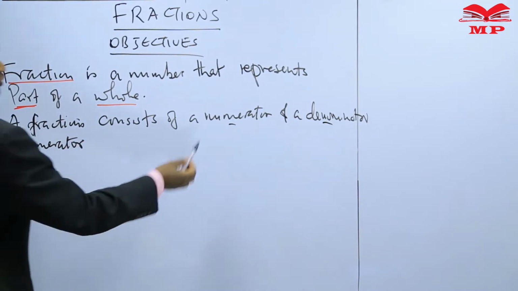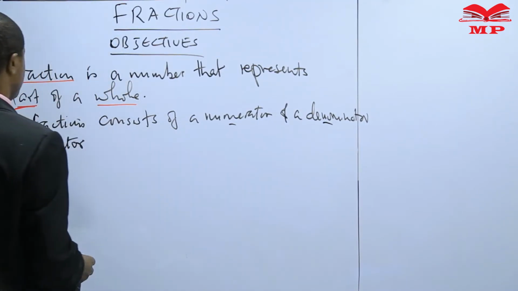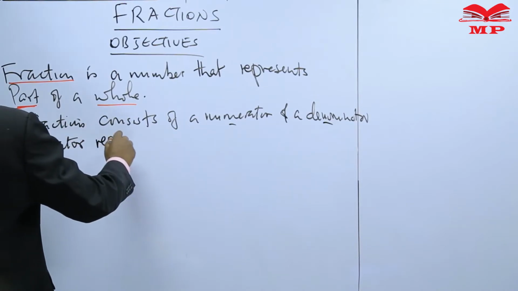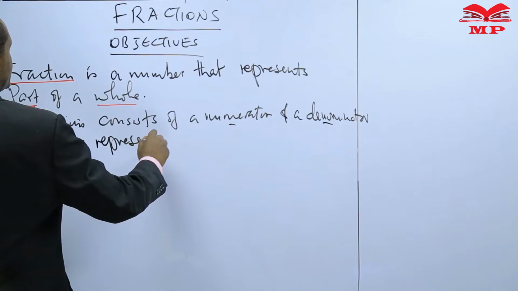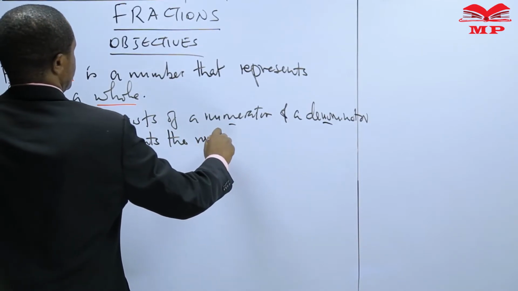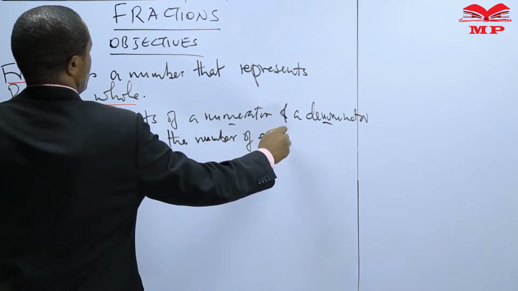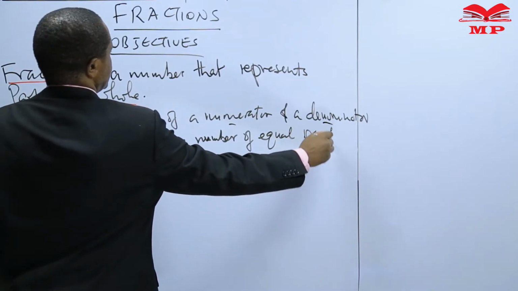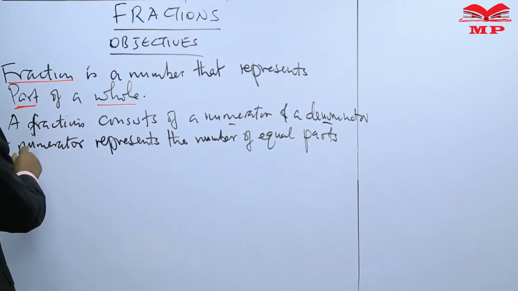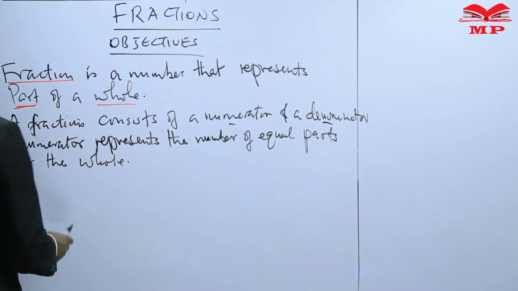We are saying it consists of two parts. We have the numerator and the denominator. A numerator represents the number of equal parts of the whole, or of a whole.